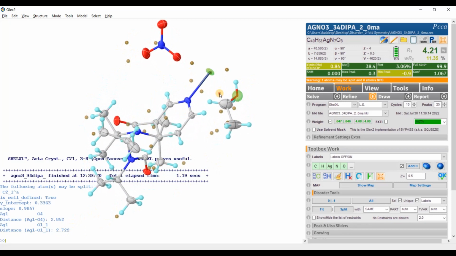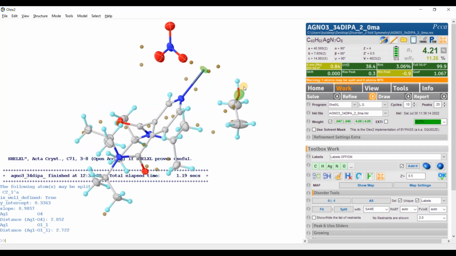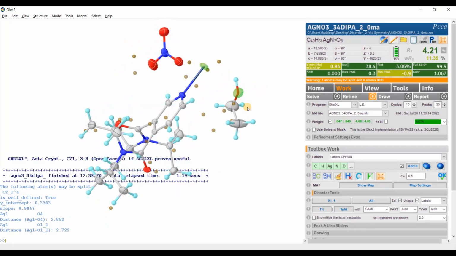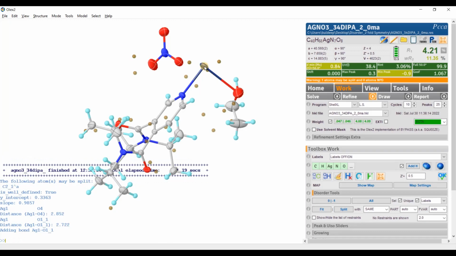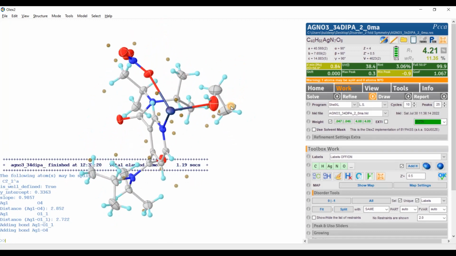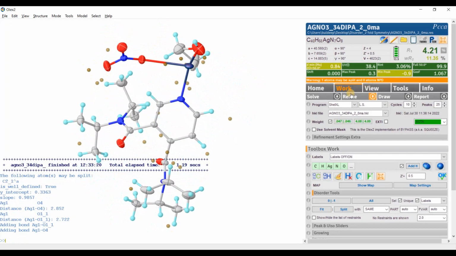This is again a possibility of a bond here. If you are sure there is a bond, then select these two atoms and type ADD BOND. It will add the bond. Again select these two and press add bond. It will add the bonds and now refine it.